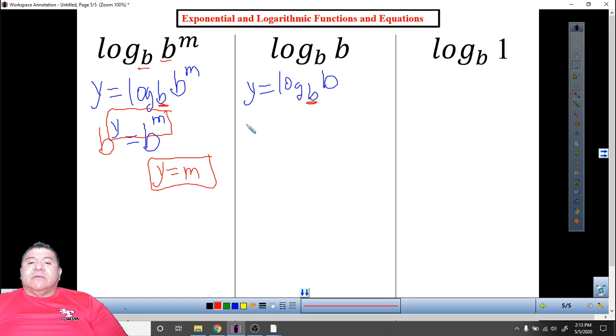Our base is b, and our exponent is y, and all that equals, what is the given number? b. Okay, so what invisible exponent does it have if it doesn't have an exponent? Yeah, that is correct, a 1. I'm going to do an invisible 1 here. There it is. So that means that my solution, or my missing exponent, is 1.